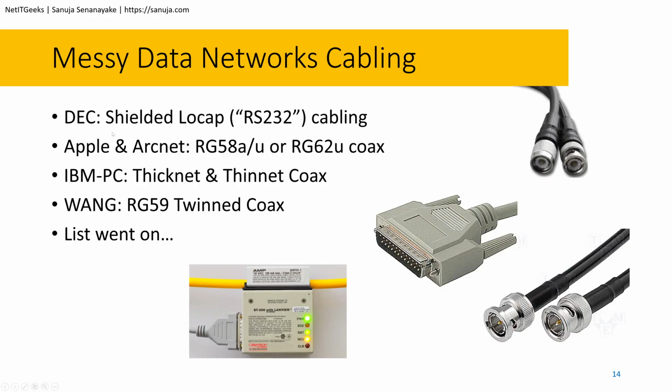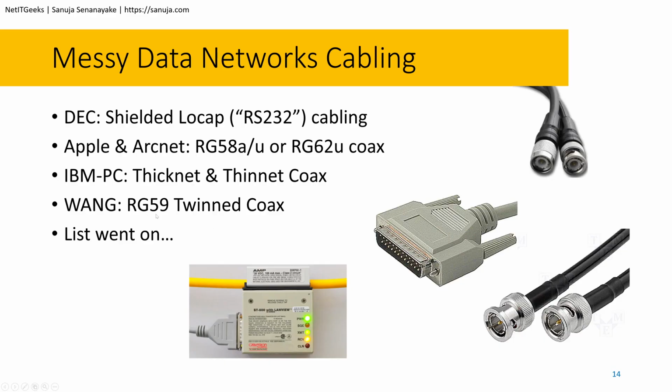The other ones include the DCE, which is a shielded low cap RS232 cabling. That looks like this. Apple and ARCNET came up with the RG58A/U or RG62/U coax cables that I believe look like this. Then the IBM PC came with the ThinNet and ThickNet coax cables.